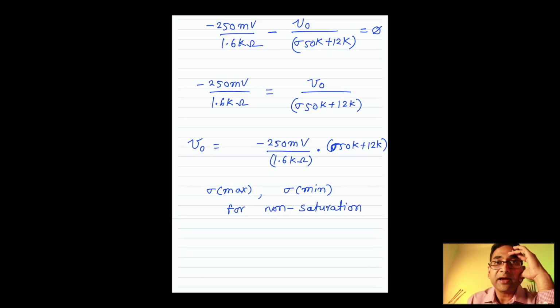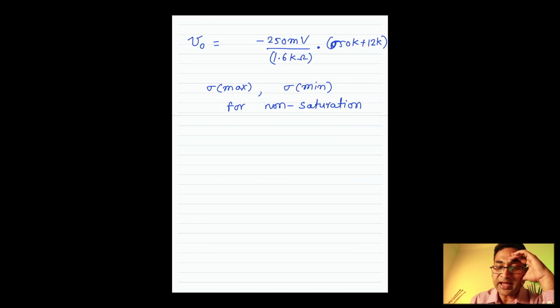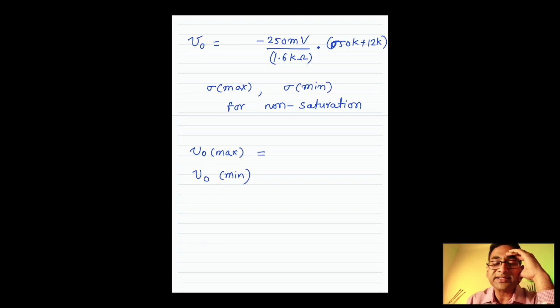For the op-amp to stay in the non-saturation or linear region, that is set by the V output maximum and V output minimum. What is the V output maximum?